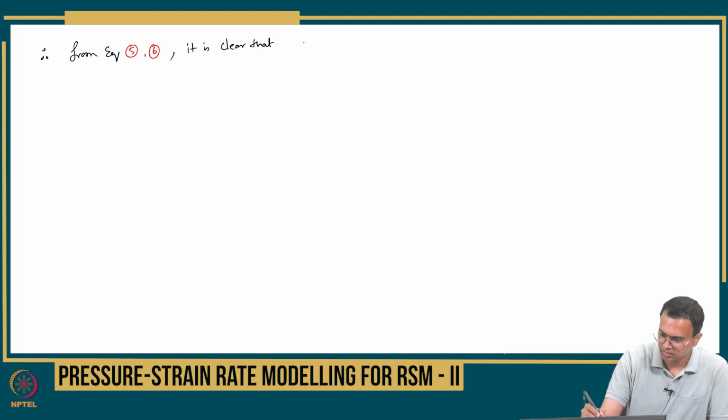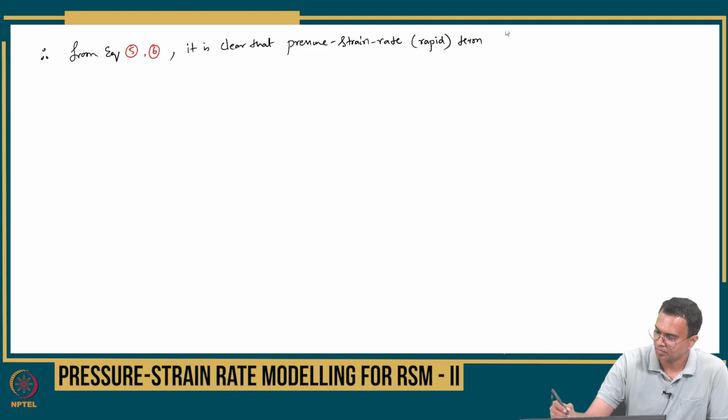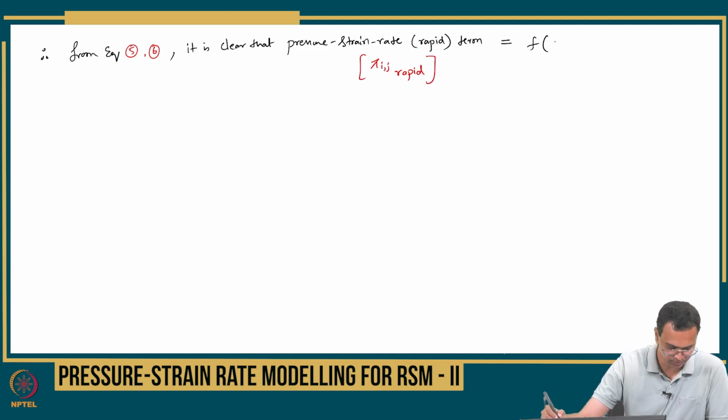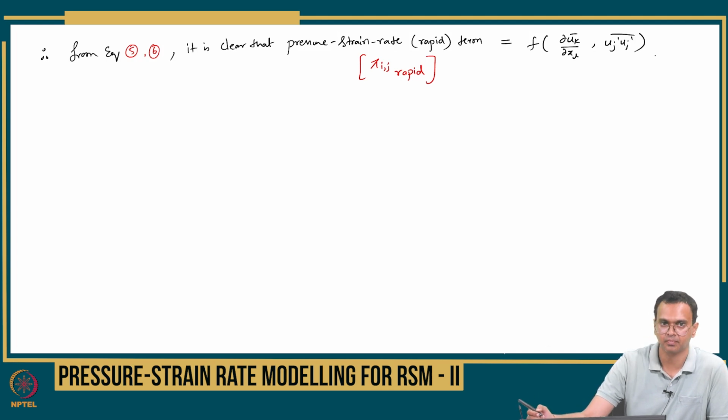that this pressure strain rate rapid term, we can call this, let us say, pi ij rapid, like this. This term is a function of dou uk bar by dou xl comma uj prime ul prime average, right.